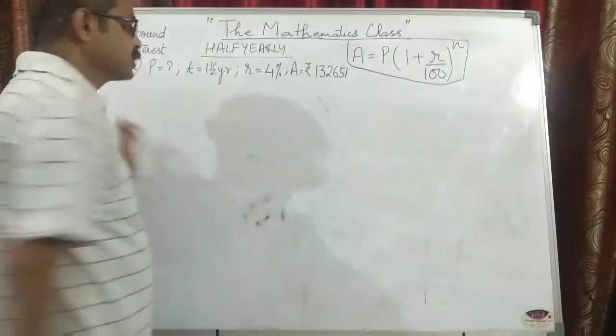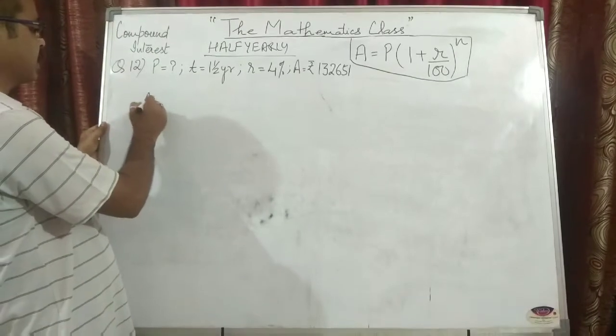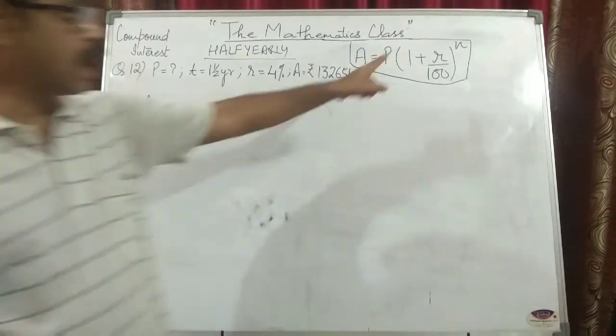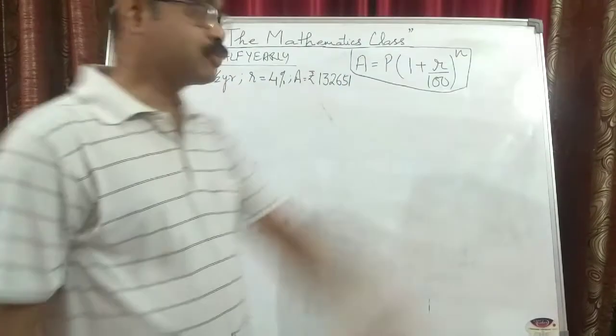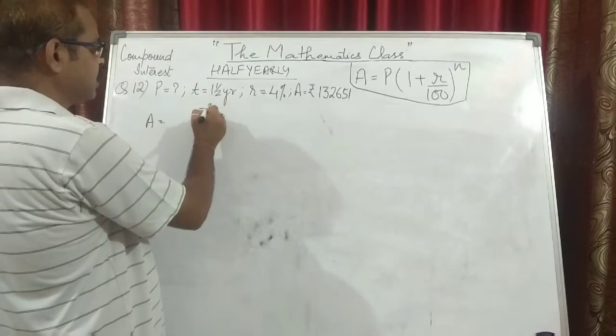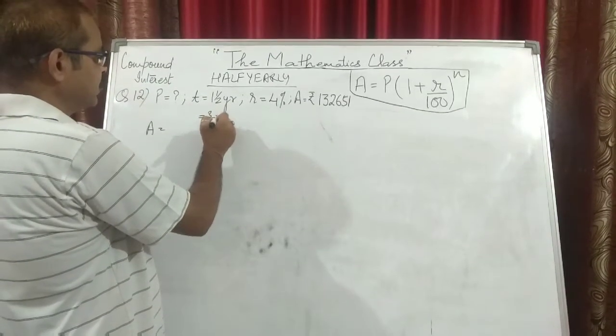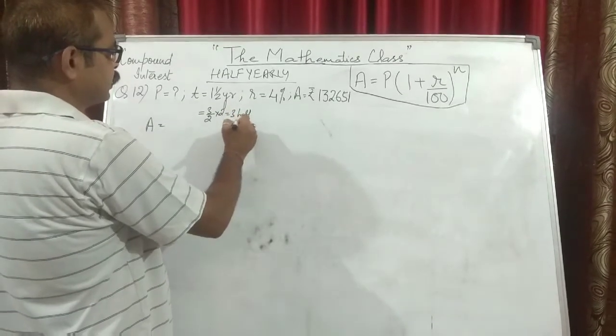The question says compounded half yearly. It means you will apply the formula A is equal to P into 1 plus R upon 200 to the power N, and N will be 2 times the time. Time is 1.5 years. 1.5 years means 3 upon 2 years. 3 upon 2 into 2, it means 3 half years.